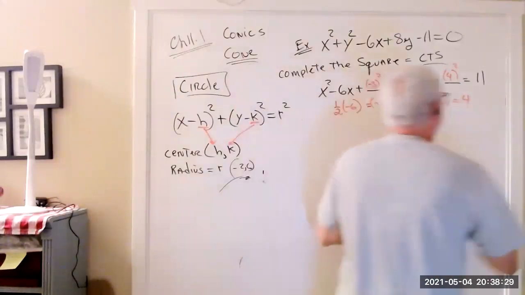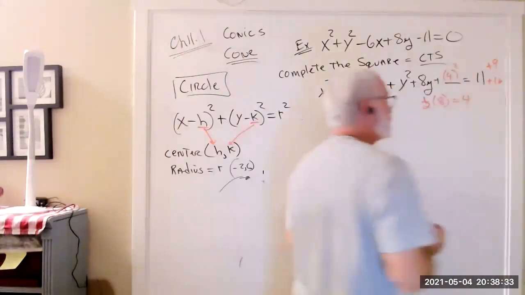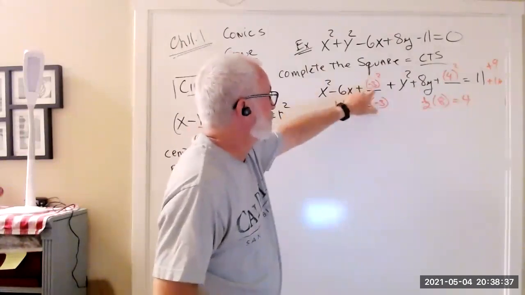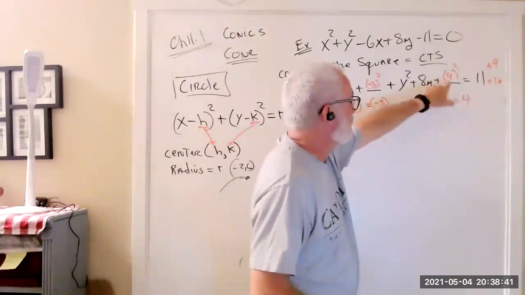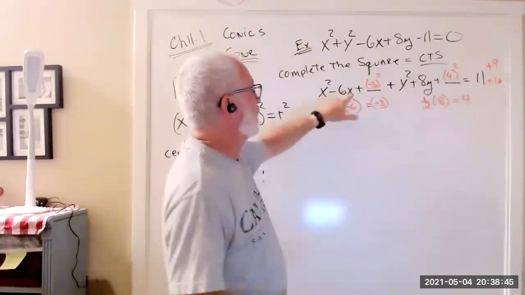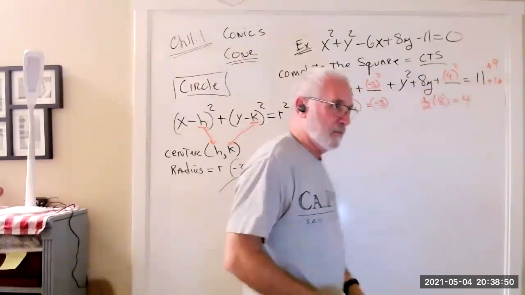So to keep it balanced, I have to add 9 and 16 to this side also. I got the 9 because -3 squared is positive 9. And I got the 16 because 4 squared is 16. Whatever I put here, I have to put on the other side.